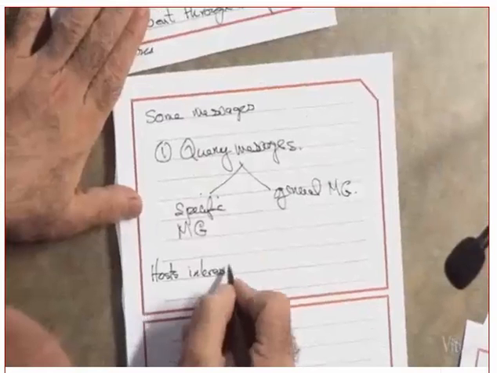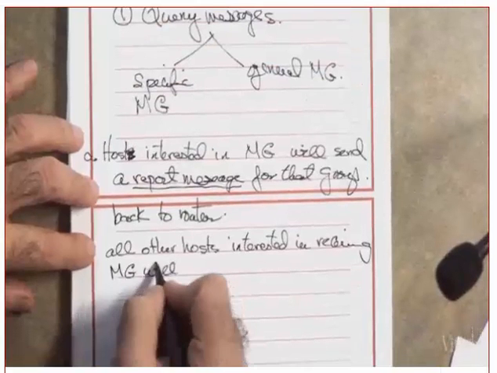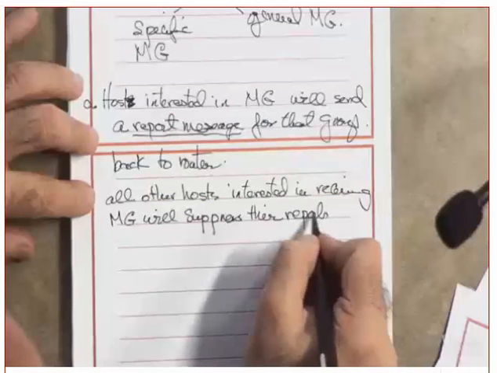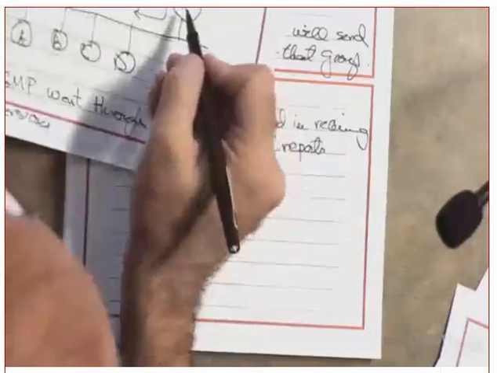Now, note, by the way, the leaf router does not need the reports sent to it directly. It is configured to process all multicast packets.